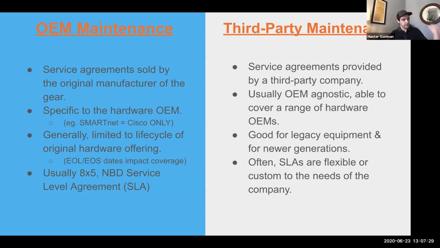So whenever something in Cisco land goes last day of support, you can no longer cover that with SmartNet. So generally, your OEM maintenance strategy will definitely affect your intended life cycle for a specific asset.